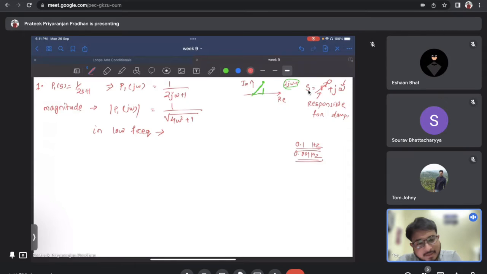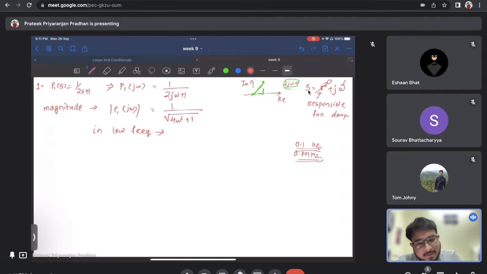What happens when we analyze in the frequency domain? We generally analyze for two bands: the low frequency band and the high frequency band. When you plot the Bode diagram, there is no zero in the Bode diagram because it is logarithmic, and log 0 is undefined.